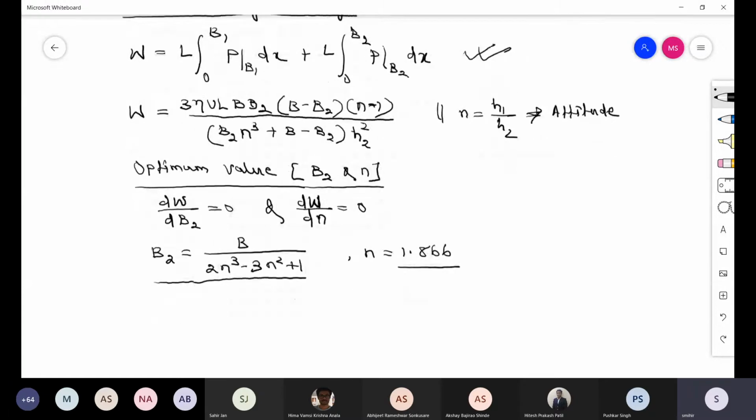optimum load carrying capacity. In this condition, your B1 by B2 ratio comes to be 2.549.